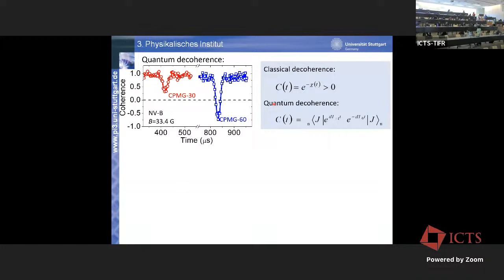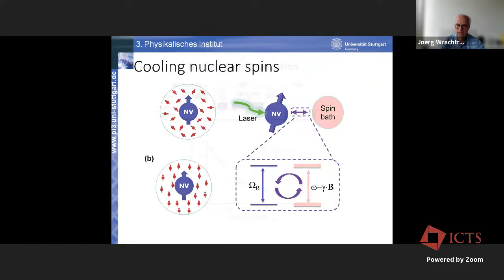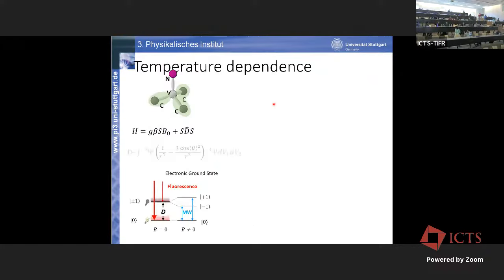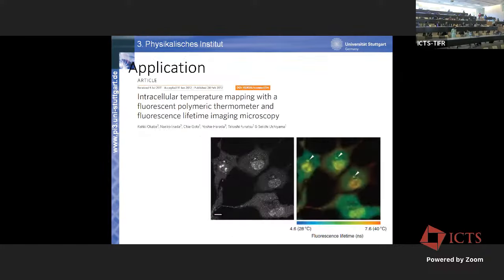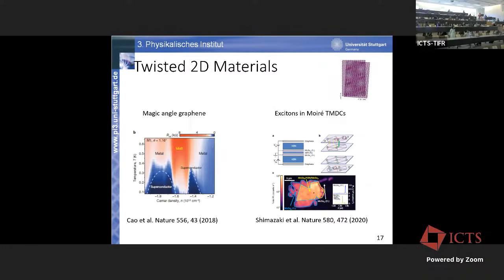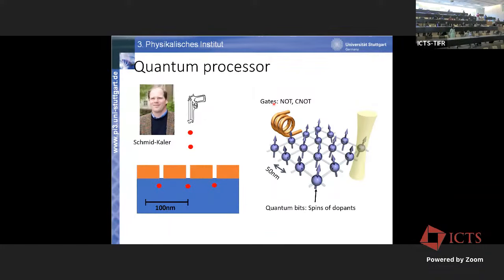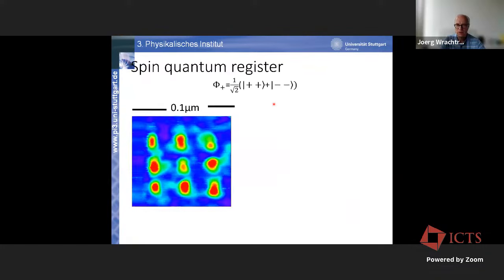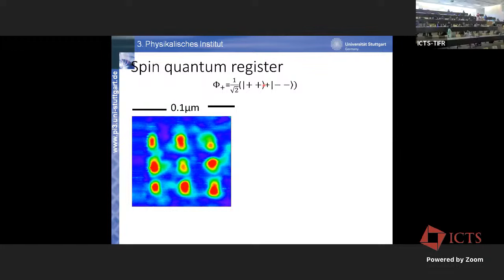Hi, sir. My question is regarding the part where you showed producing a Bell state through an array of NV centers. Is that in the photon polarization basis? It's not photon polarization; these individual parts here are electron spins, and that's the entangled state of the electron spins.